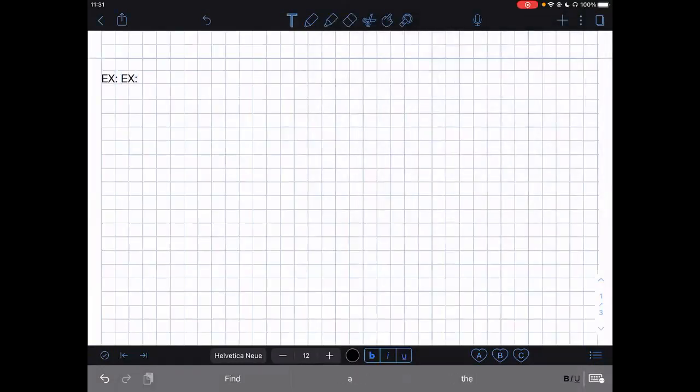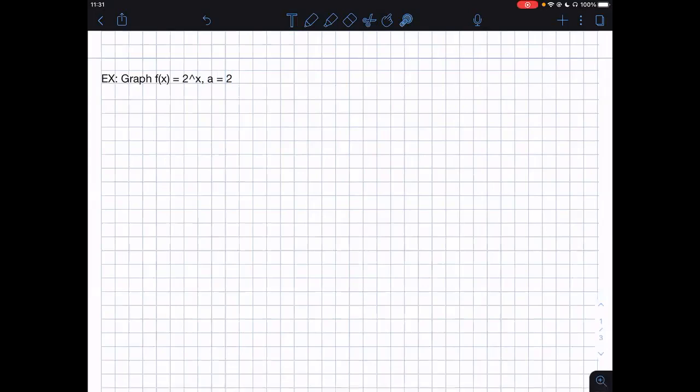For this first example, let's graph that first function f of x equals 2 to the x. Again, here our base is 2, so we know it has to be an upwards growing exponential function. Now, to graph an exponential function, we have to set up a table. There's no quick way of graphing an exponential function by hand. You have to set up a table, plug in values for x, graph those points on an xy plane, then connect them with a curved line.